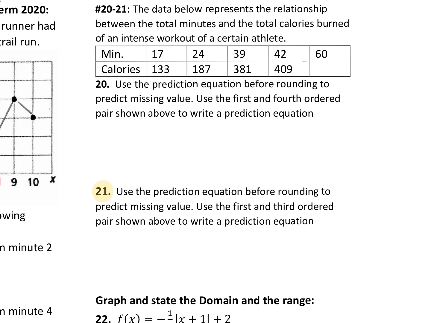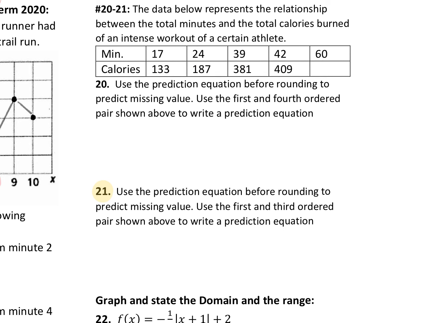On the previous videos I explained number 20. It might be a good idea to do 21 here. We're going to use this data up here explaining the relationship between the time of a workout and the calories burned. Obviously, the more time that you work out, the more calories that you burn.